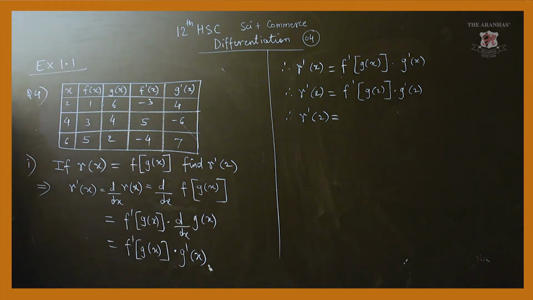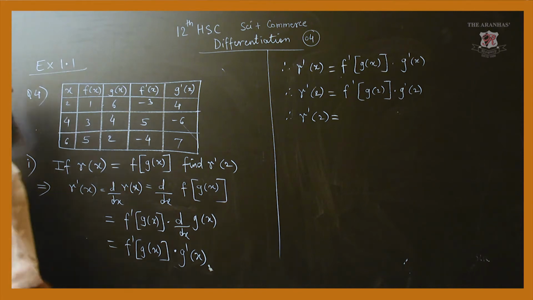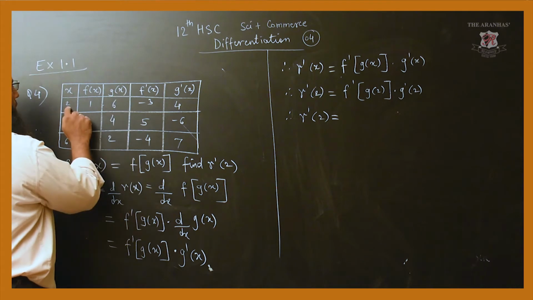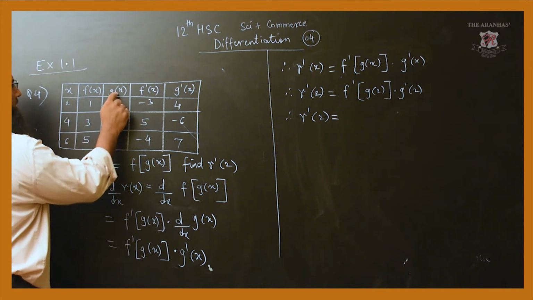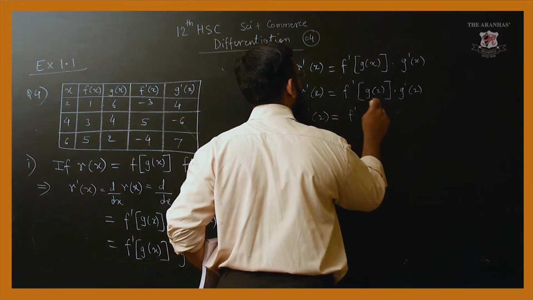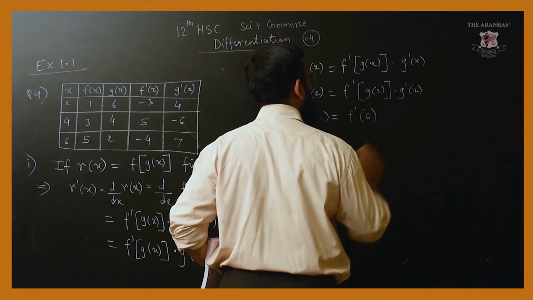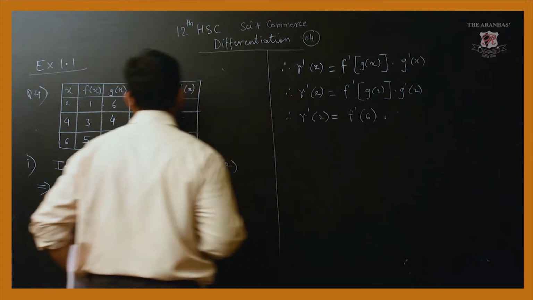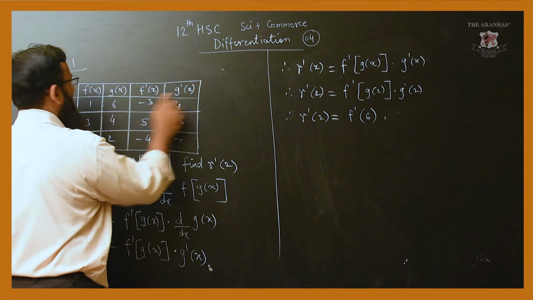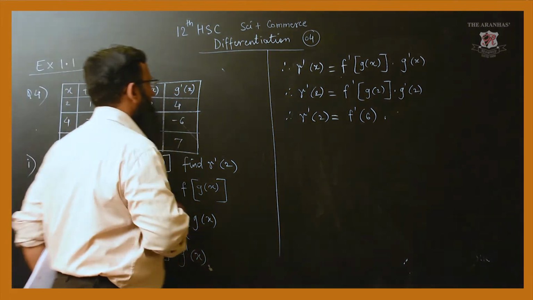f dash of g of 2. Now here it is x, put the value 2. So for g of 2, it is 6. Like, 6 will come in. f dash of g of 2, whose value is f dash of 6, into g dash of 2. x is 2 and here it is g dash, so under 2 you have to see what g dash is.